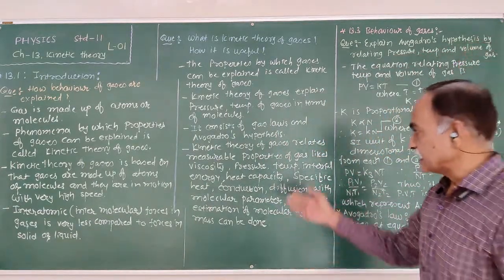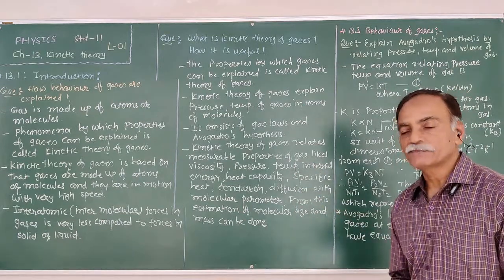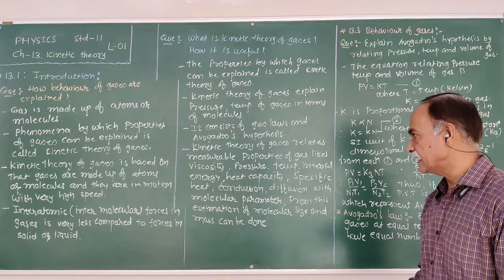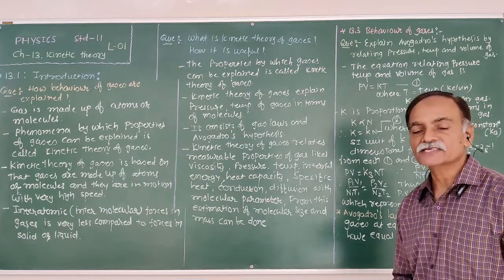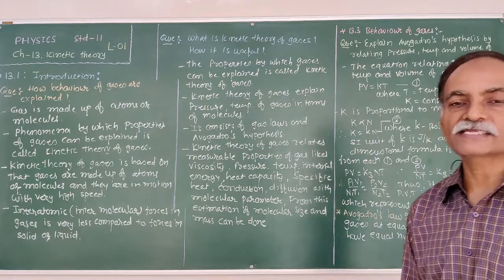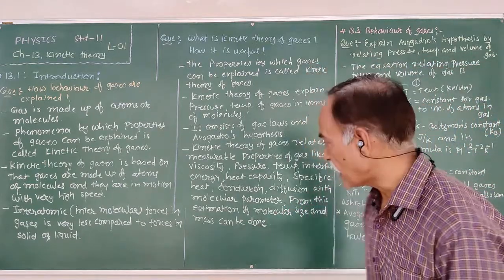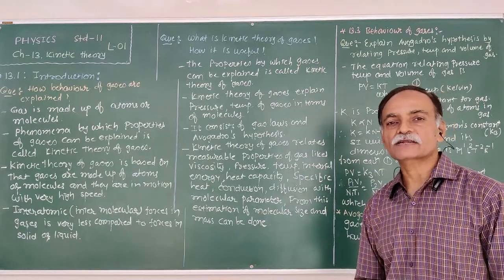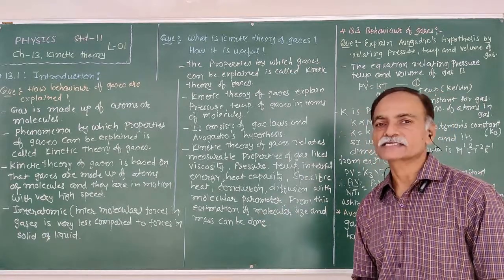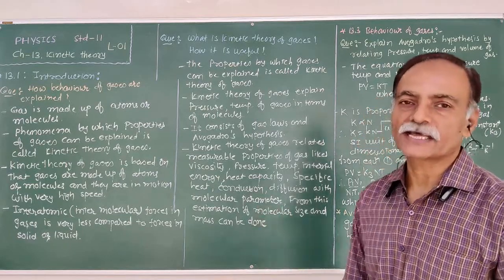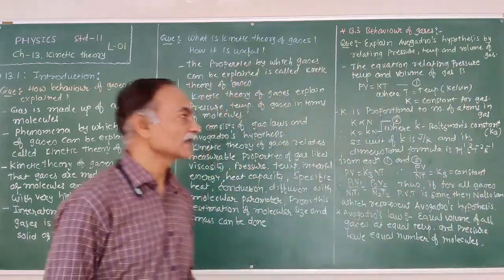So by studying these properties, we can estimate the size and mass of the molecule of the gas. So that is the application of the kinetic theory of gases. Clear? So that is our basic introduction about the kinetic theory of gases.